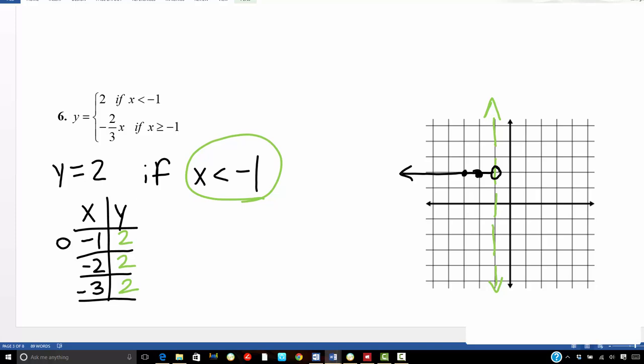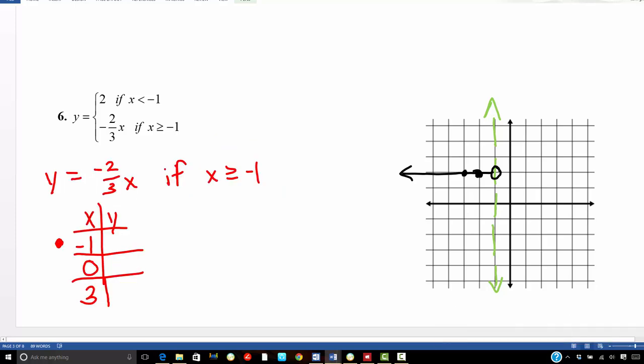All right, then for the other line, y equals -2/3 x. This one I would encourage you to avoid fractions, especially if you're using the graphing calculator to get your table of values. Try to find points where you avoid fractions, but we still want to pick values for x that are greater than or equal to -1. So that's why I've got -1, I've got 0, I've got +3. We're going to substitute those in for x.